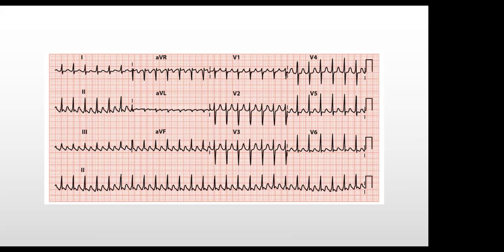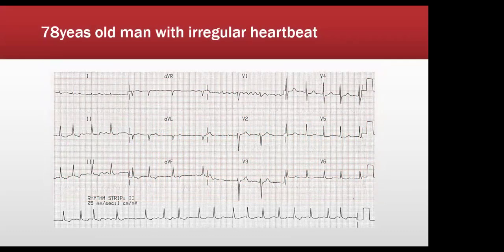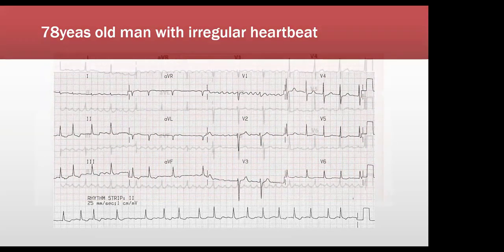But there's no P wave, so that rules out sinus tachycardia. So this could be atrial flutter, which is likely because of the presence of flutter waves, 2-to-1 atrial flutter.